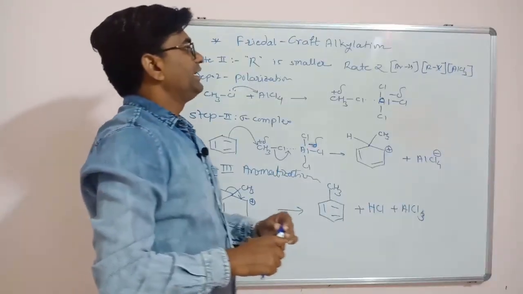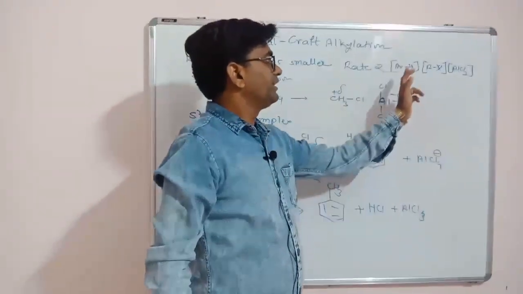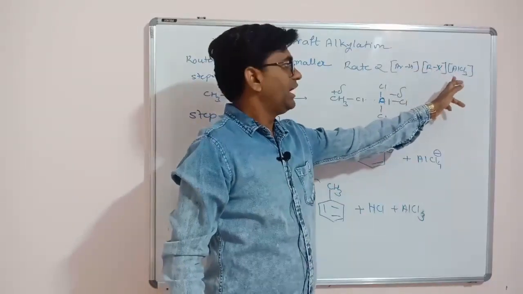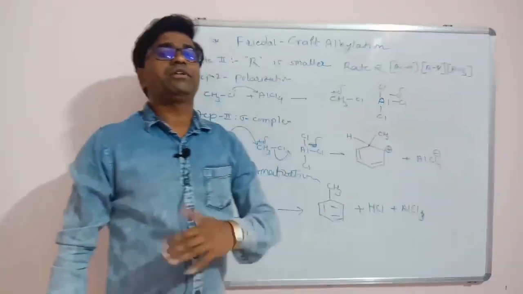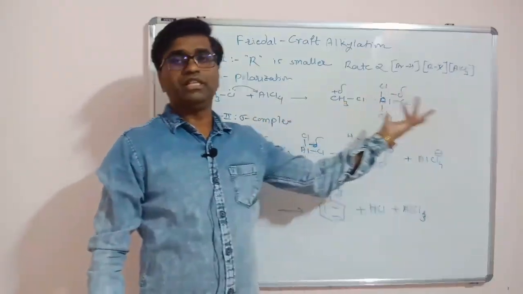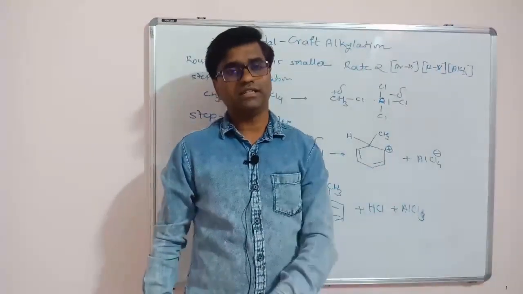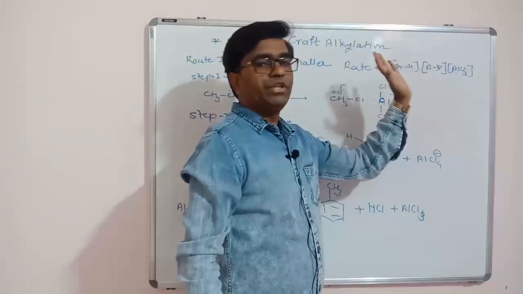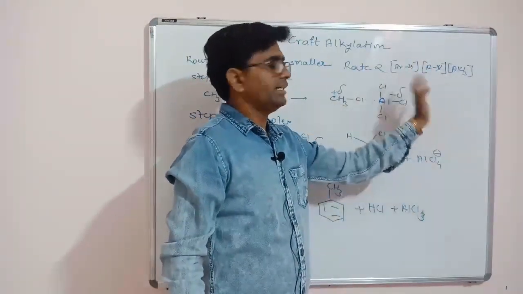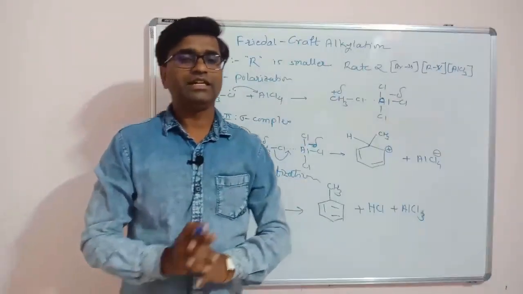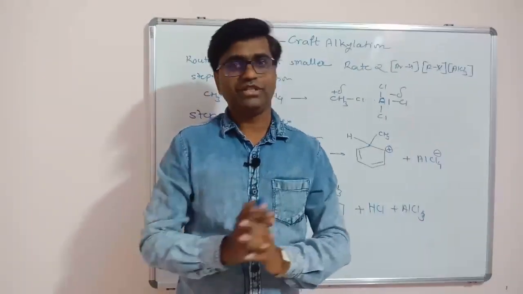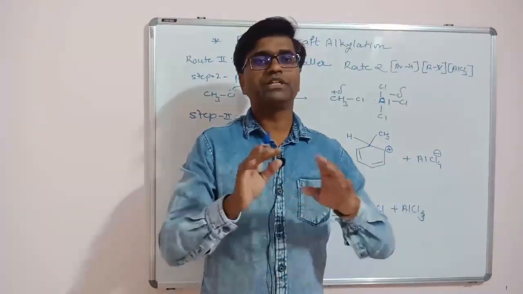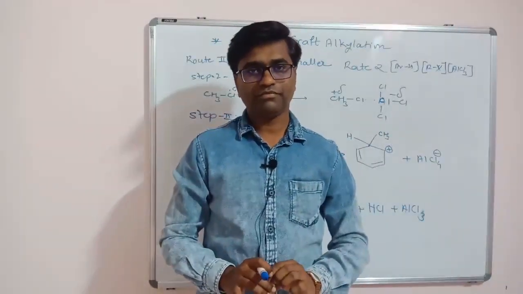So it clearly indicates that in the rate determining step, there is an involvement of aromatic ring, alkyl halide, as well as aluminum chloride, that is our Lewis acid catalyst. So the rate of the reaction depends upon all these three entities, that is aromatic ring, alkyl halide, as well as Lewis acid. So it clearly indicates that in the rate determining step, there is an involvement of all three.